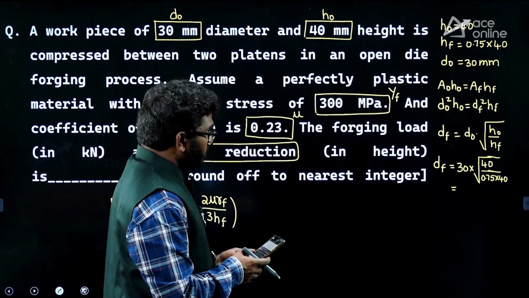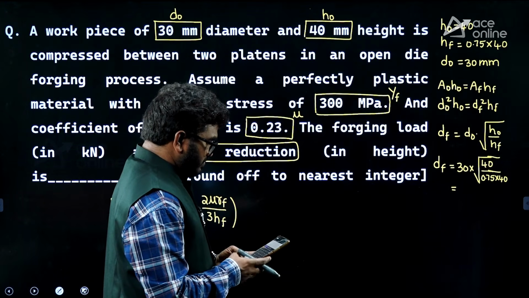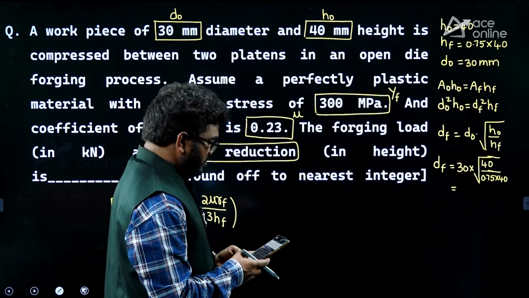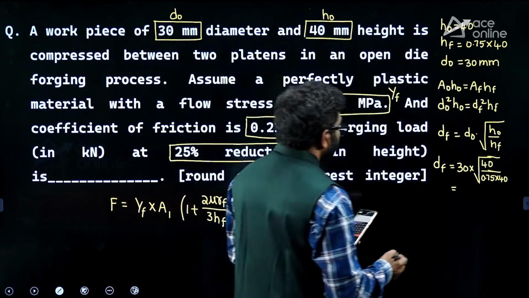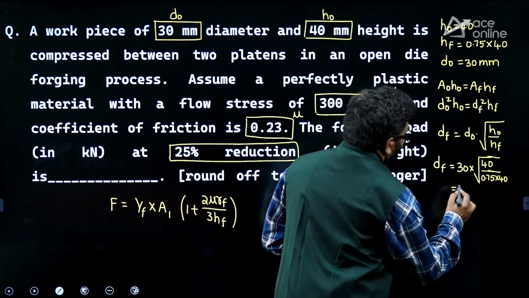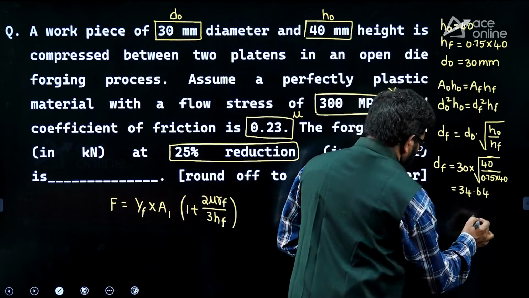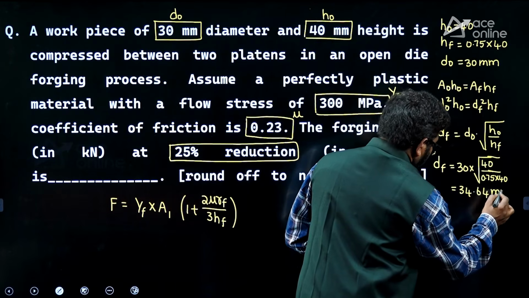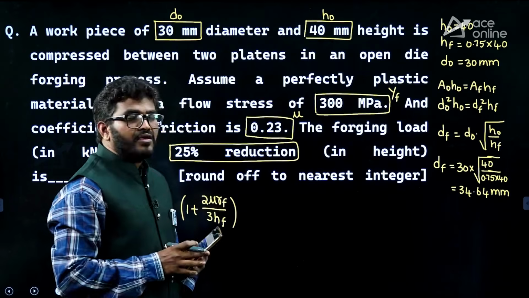Under root of 1 divided by 0.75, ANS into 30, that is 34.64 mm. I got 34.64 mm as the final diameter.